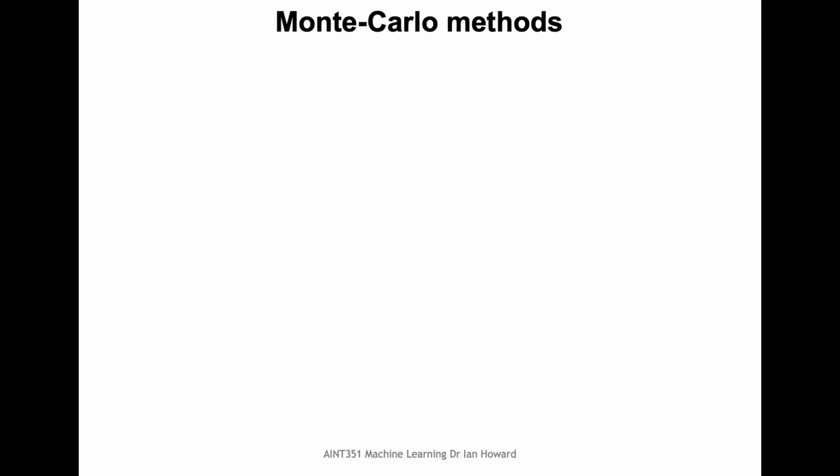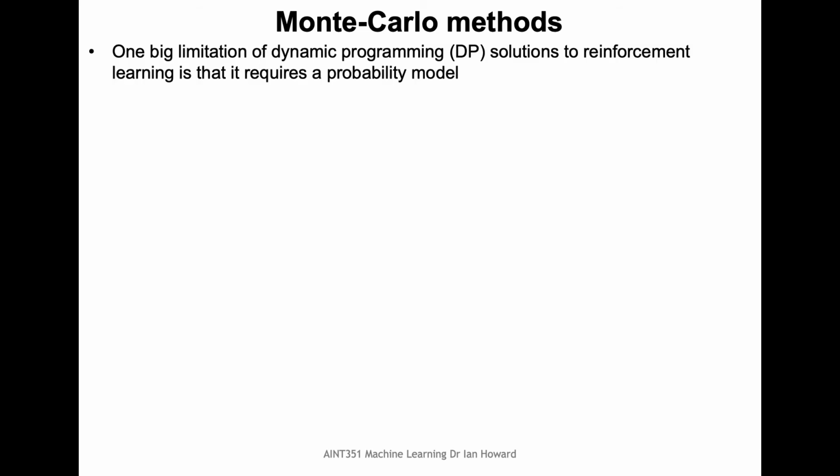Probably the name Monte Carlo would immediately conjure up ideas of going to the casino in Monte Carlo, suggesting that things are a bit random and there's a chance of getting something, and hopefully you'd win a lot of money. But that's really the way these things work. They're sampling methods, stochastic methods to find solutions to problems.